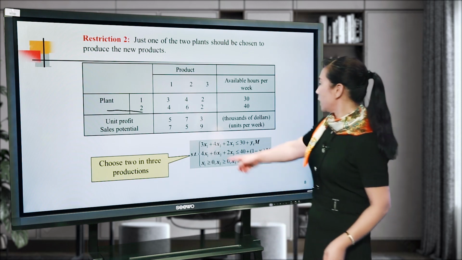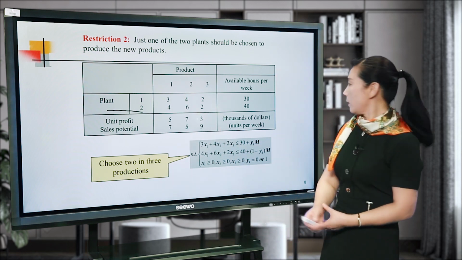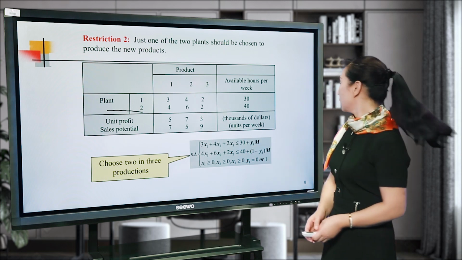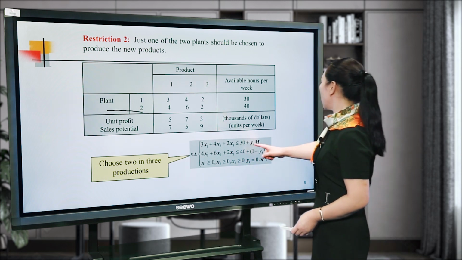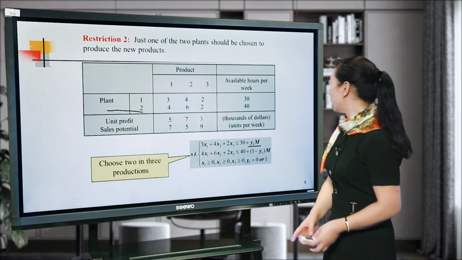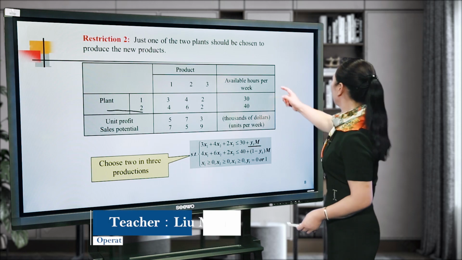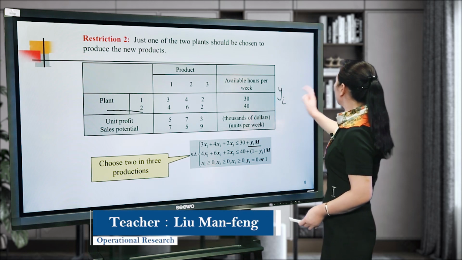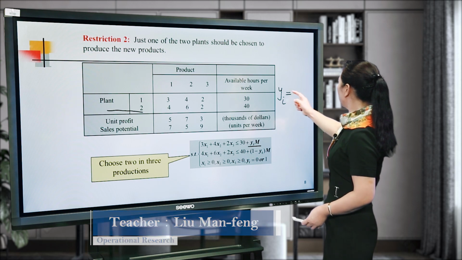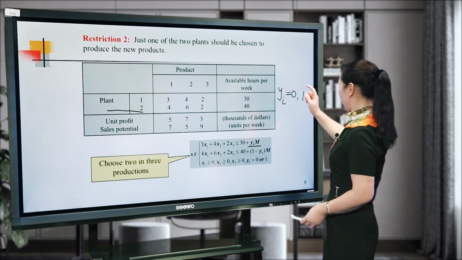subject to 3x1 plus 4x2 plus 2x3 less than or equal to 13 plus y4. The y4 variable is a binary variable, 0 or 1.